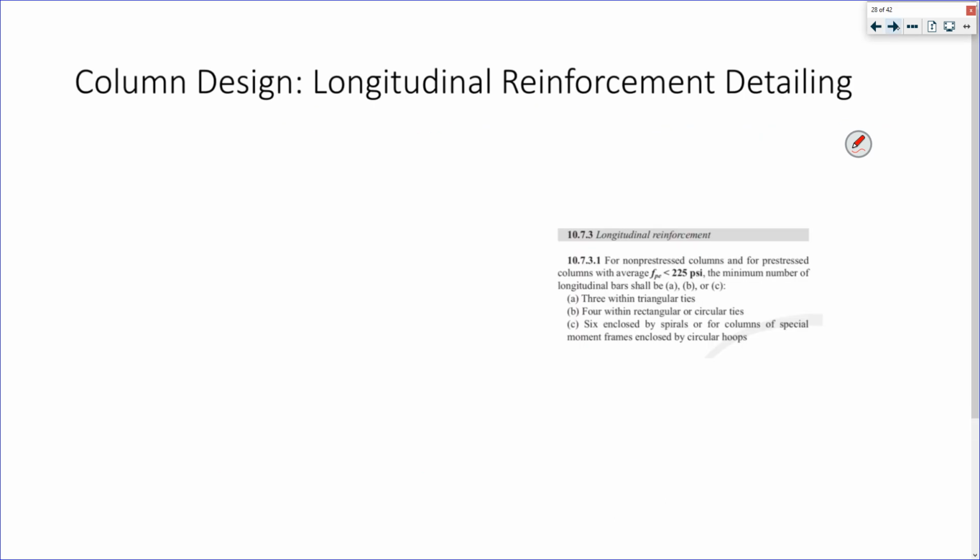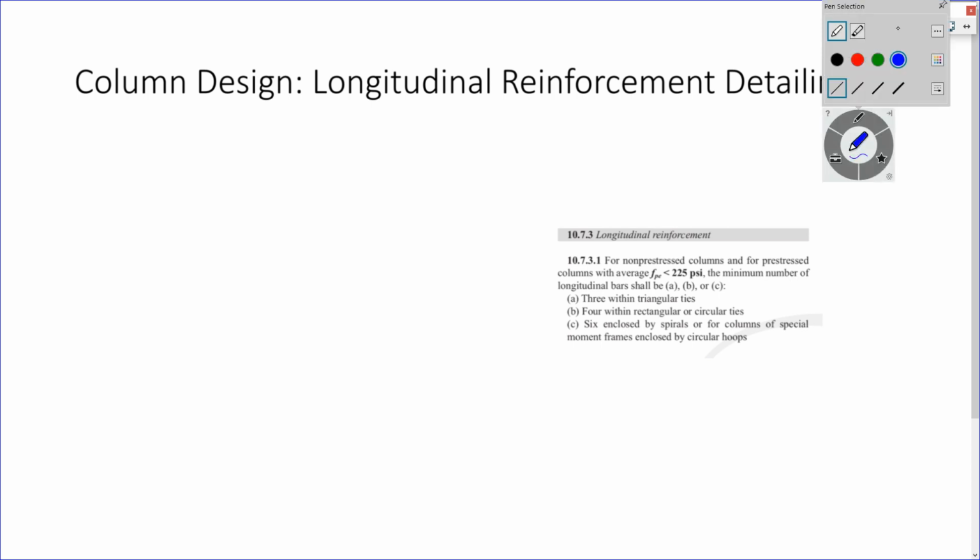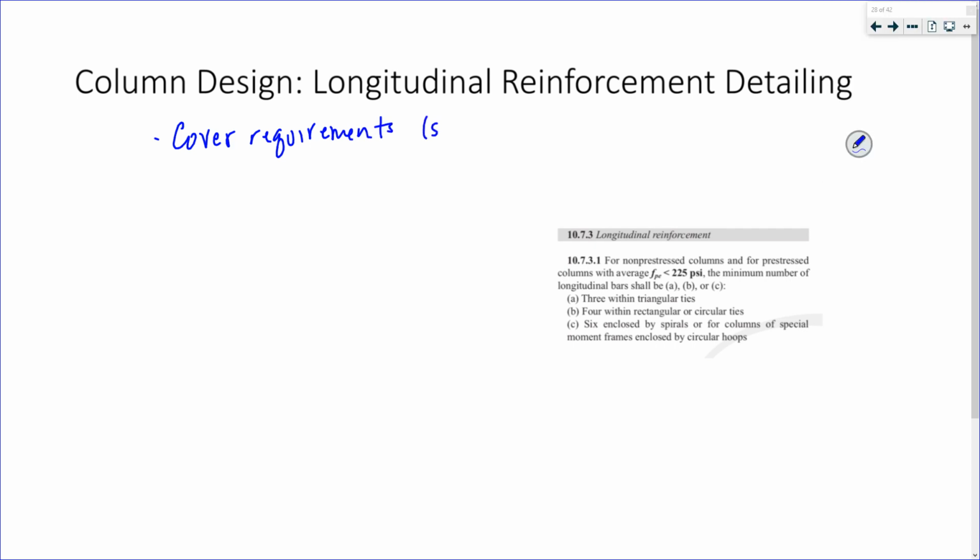So longitudinal reinforcement detailing, let's see, cover requirements. Are the same as beams. That is in ACI 20.5.1.3. Hopefully you have that tabbed.